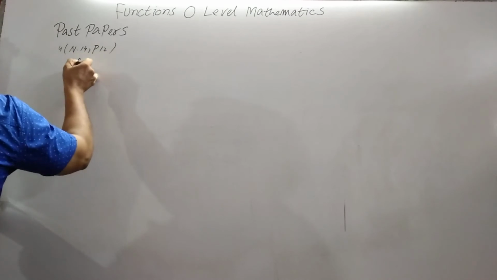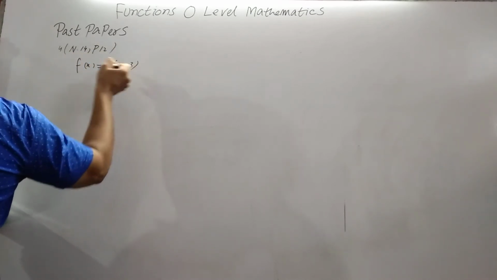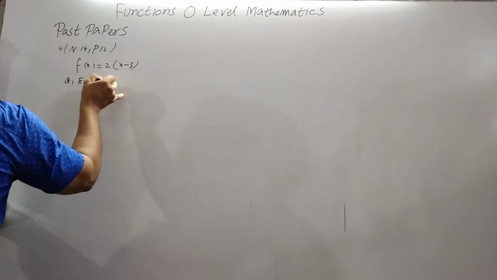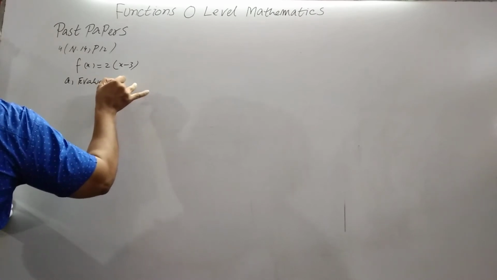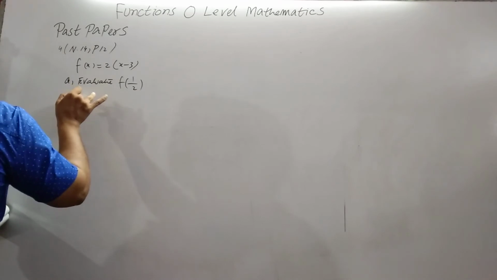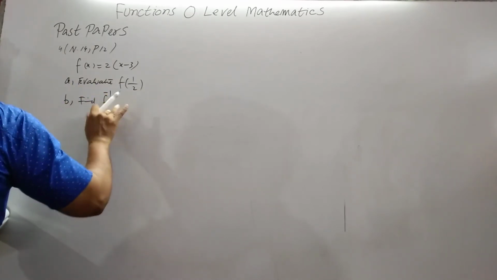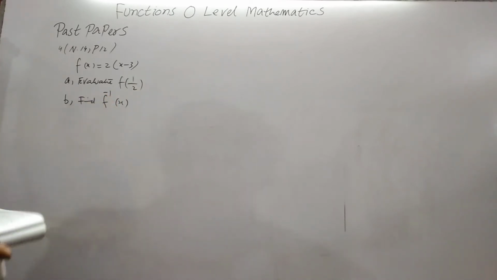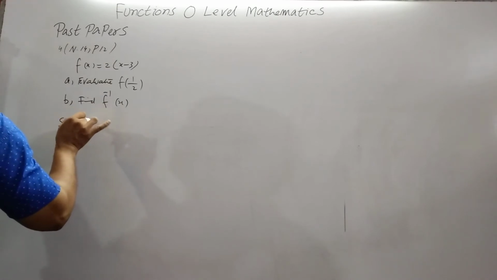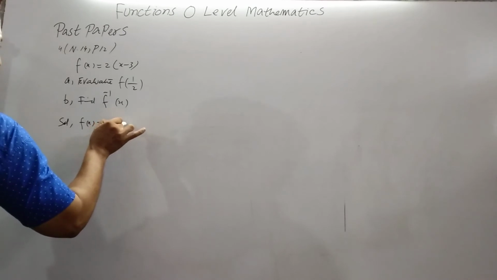And the question is f(x) is equal to 2 multiplied by (x minus 3). Part A, evaluate f of 1 upon 2. Part B, find f inverse x. Very easy. Solution: it is given that f(x) is equal to 2 into (x minus 3).